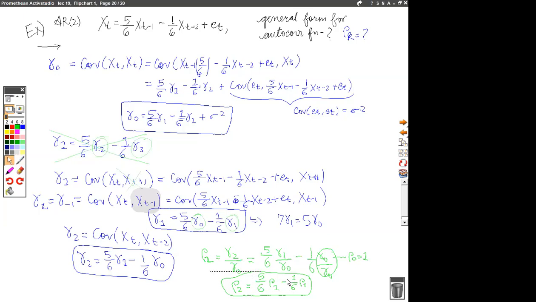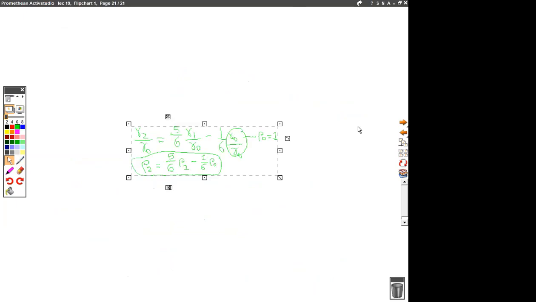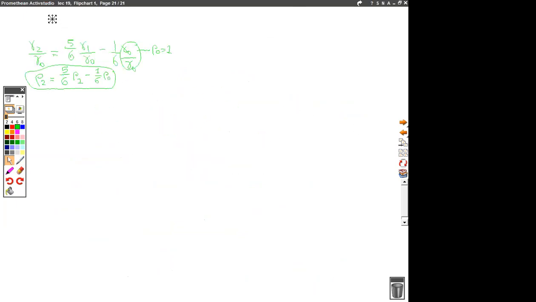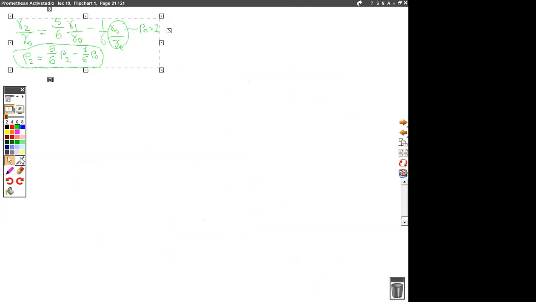So if I were to write a function for rho k using this equation that I have there, let me just copy that. Yeah. So I have this equation right here. And if I were to write an equation for rho k using this, I know that I have my 5 upon 6 here. And this is what? 2 minus 1. So rho k minus 1.